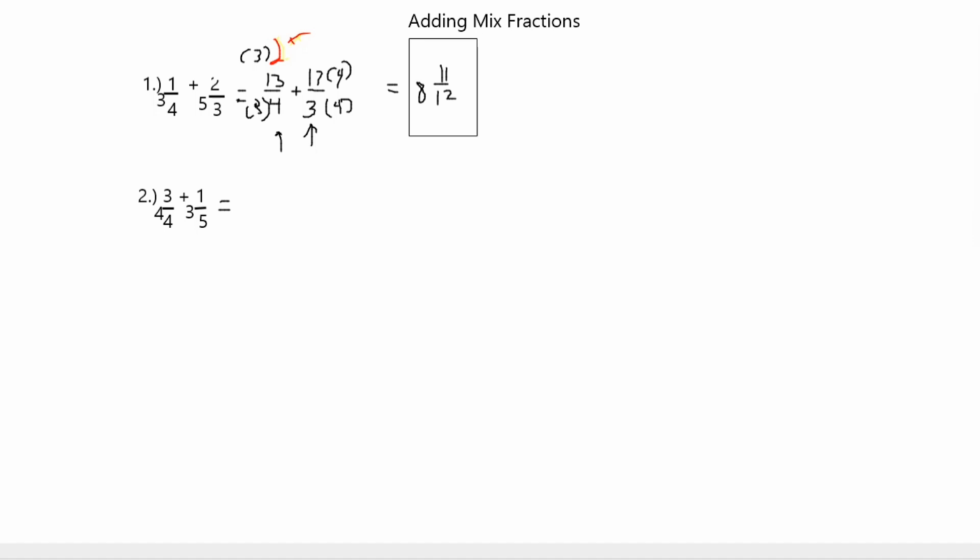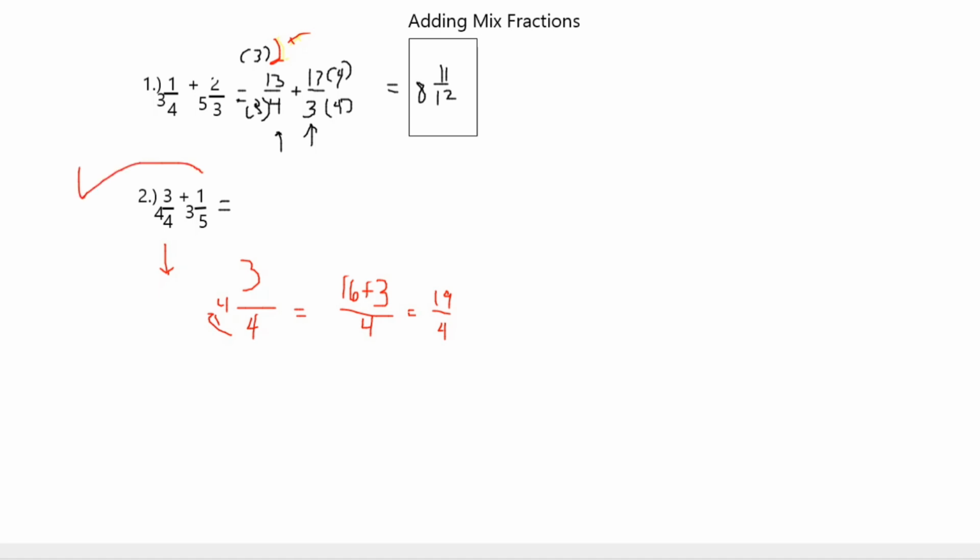So basically it's the same process. Let's do it. We're just going to transform this first mixed fraction into its fraction form. 4 times 4 is 16 plus 3 over 4. So 16 plus 3 is 19 over 4.